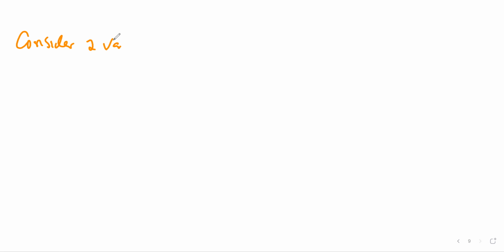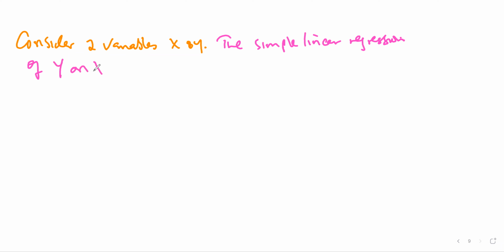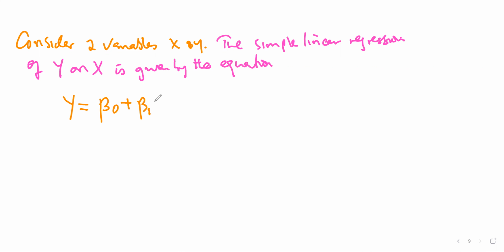Then we say the simple linear regression of y on x is given by the equation y is equal to beta naught plus beta 1 of x.